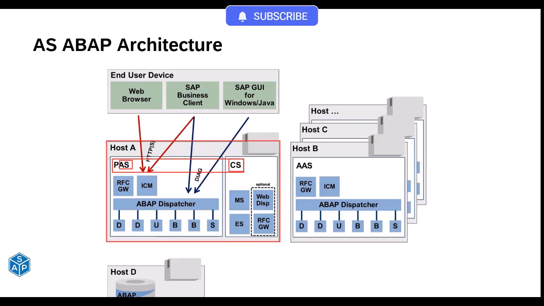That is why it is called the primary application server, because it is running next to your ASCS instance, on the same host as your ASCS instance. For this one, this application server is running on an additional or a separate host. This is not running on the same host where your ASCS instance is running. That is why it is called an additional application server.